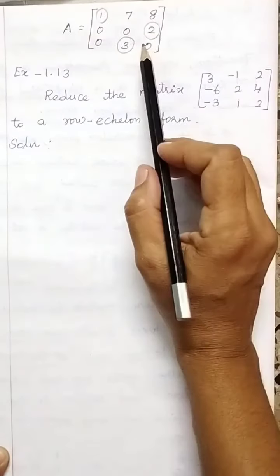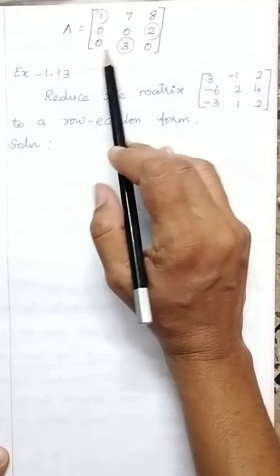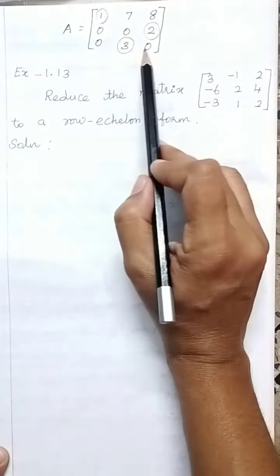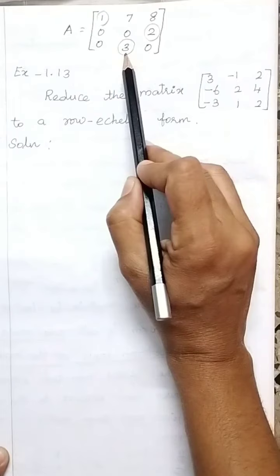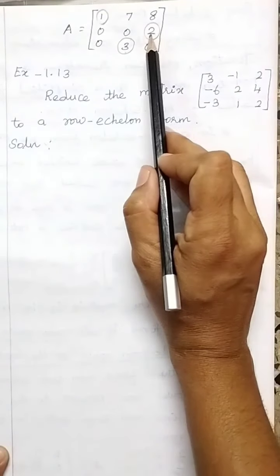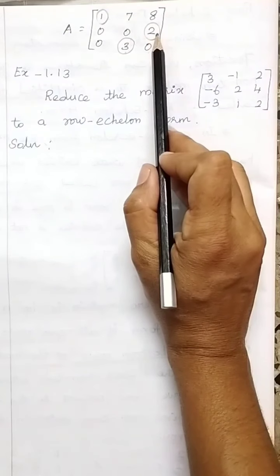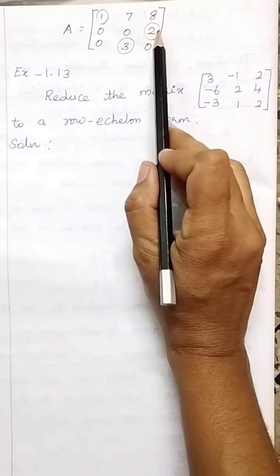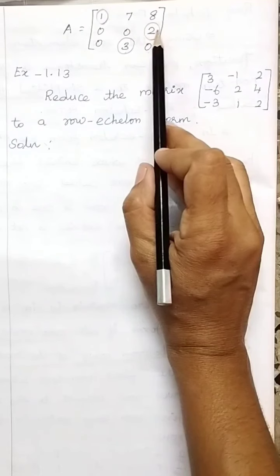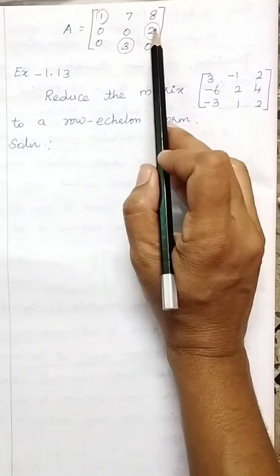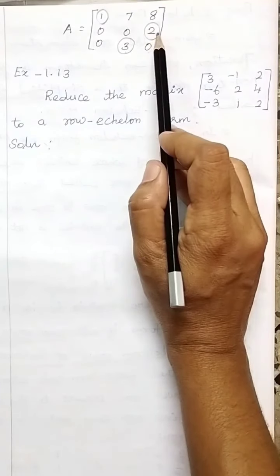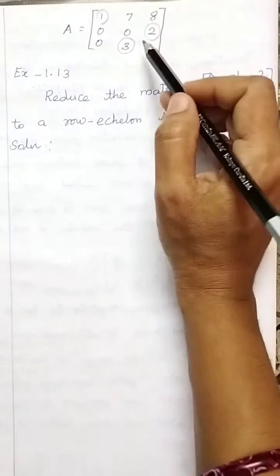Check here, our R3 non-zero entry occurs in the second column. Then next check where the R2 non-zero entry occurs. That entry occurs in the third column.